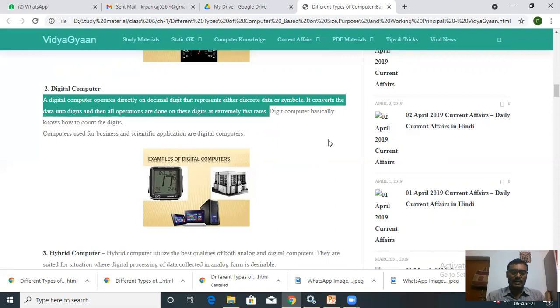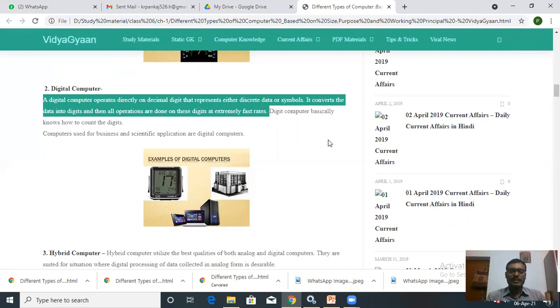These computers take the data in the form of decimal digits or numbers and perform all the calculations. Actually, the calculation of digits and arithmetical calculations can be done on these digital computers.